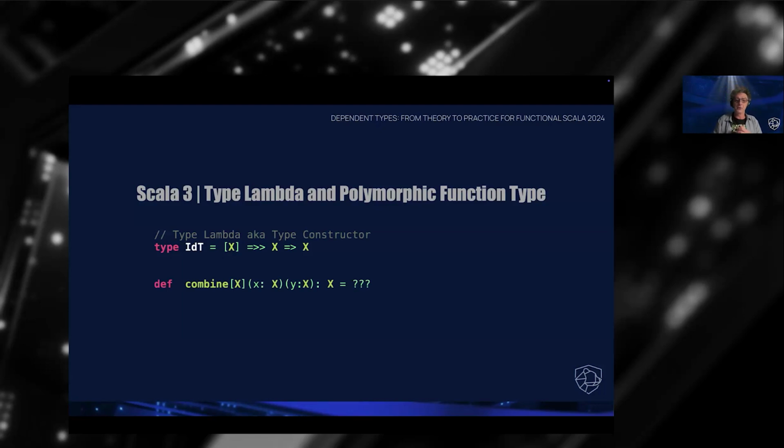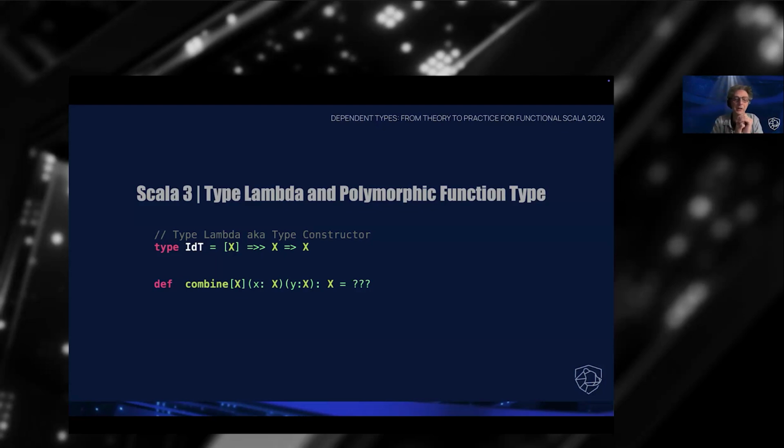We already have also generic functions, of course, for example, combine. I don't give the implementation of combine, so it's generic also, but this is just for the example. We don't have to concentrate or focus on the implementation. This is not the important part.